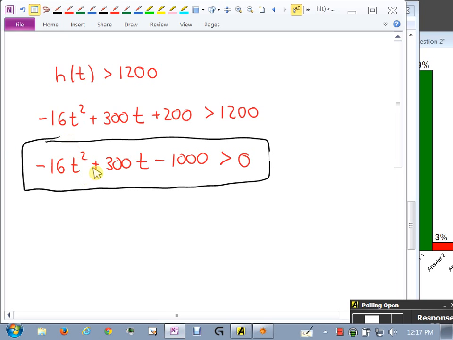So now you set it equal to 0, you use the quadratic formula, you get your 2 points. You draw your parabola which way, up or down? Down, and then you want to know when it's strictly above 0, so you will not include those points. It should be stuff in between. So I'll let you do that on your own. Any questions?